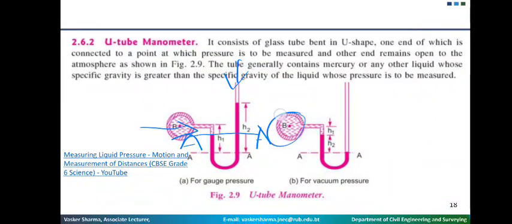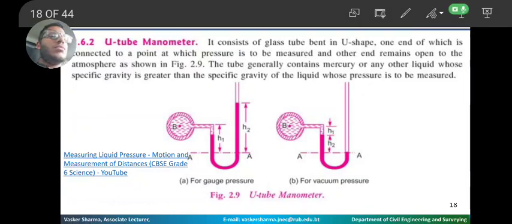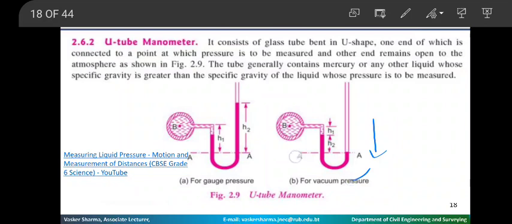But what happens if this fluid is under vacuum? That means atmospheric pressure will be higher and vacuum pressure will be lower. In that case, since atmospheric pressure will be higher, mercury will move down.